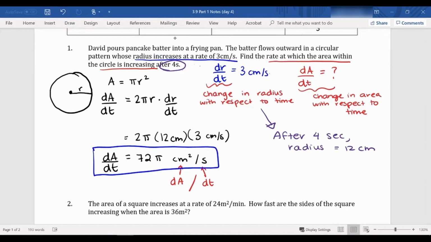So this would be the rate at which the area changes with respect to time.